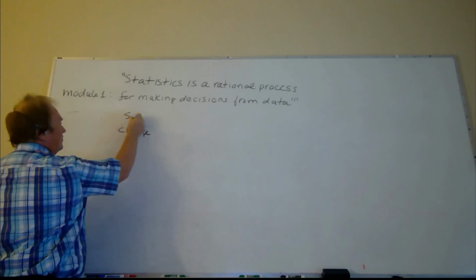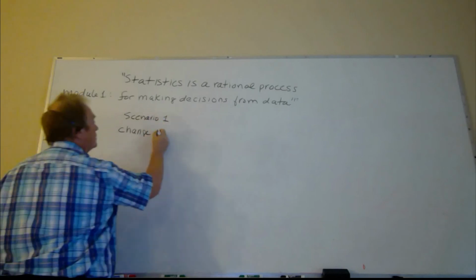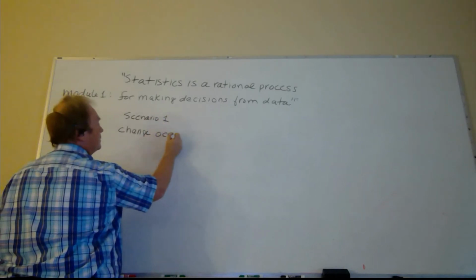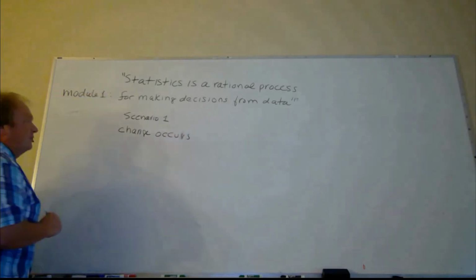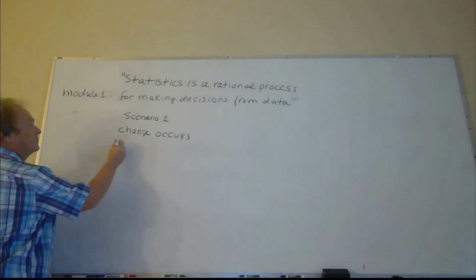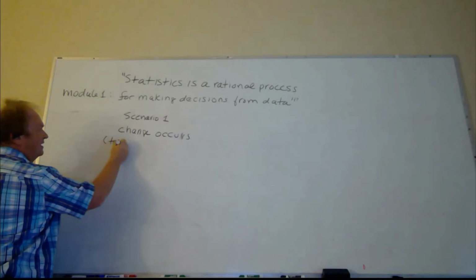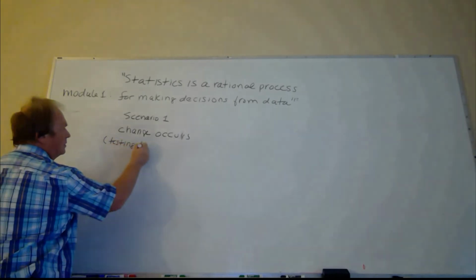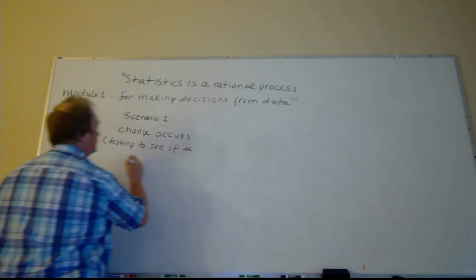So this will be scenario 1. Some sort of change occurs. Basically what we're testing is to see if mu has changed.